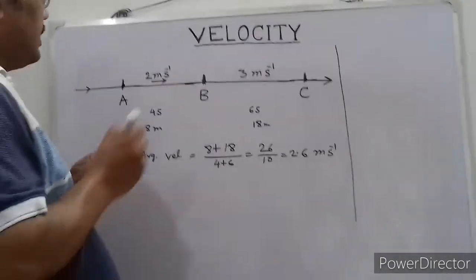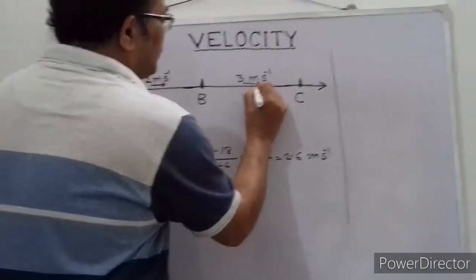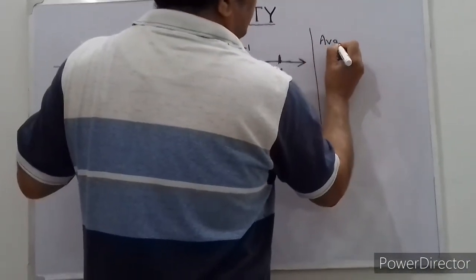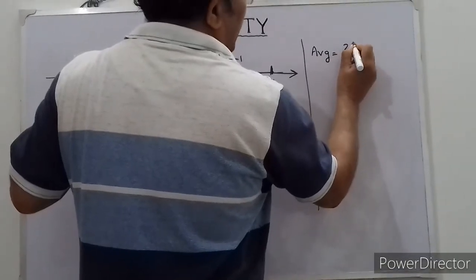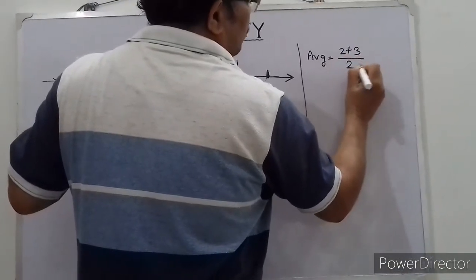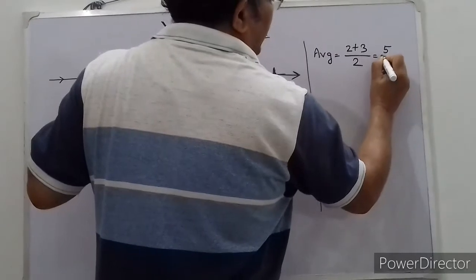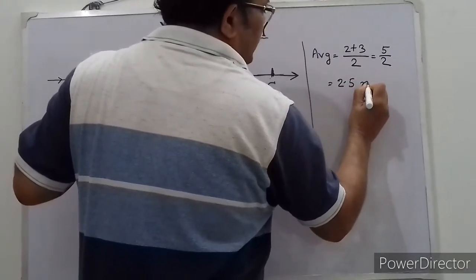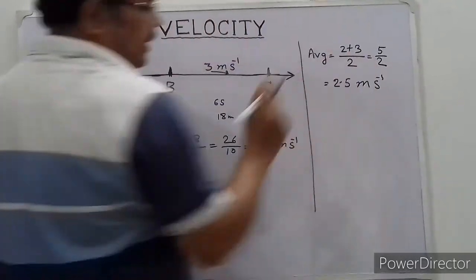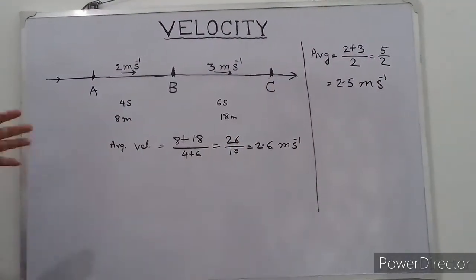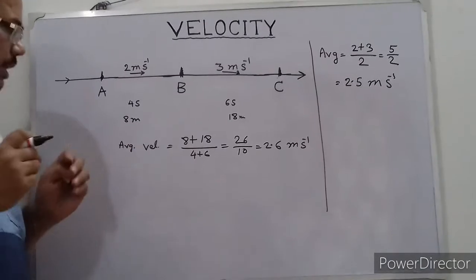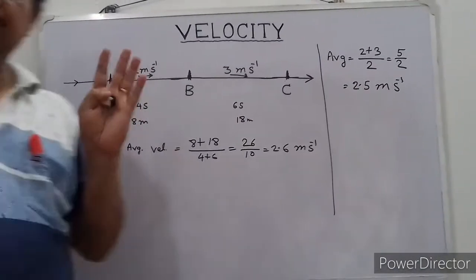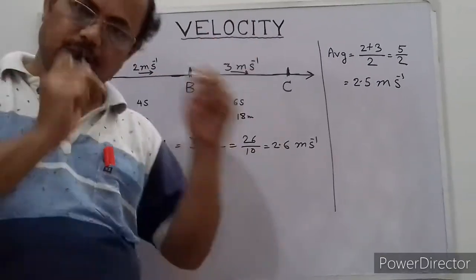If we take the average of the velocities 2 and 3 meter per second, the average velocity will be 2 plus 3 divided by 2, equals 5 by 2, equals 2.5 meter per second. But as we have learned, average velocity must be calculated as the ratio of total displacement to total time.